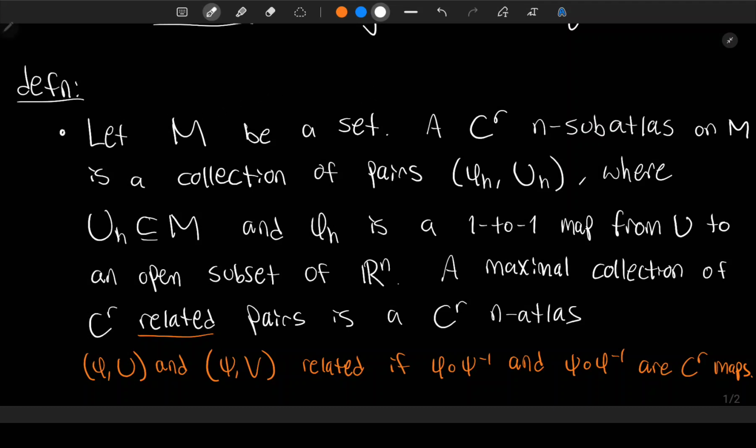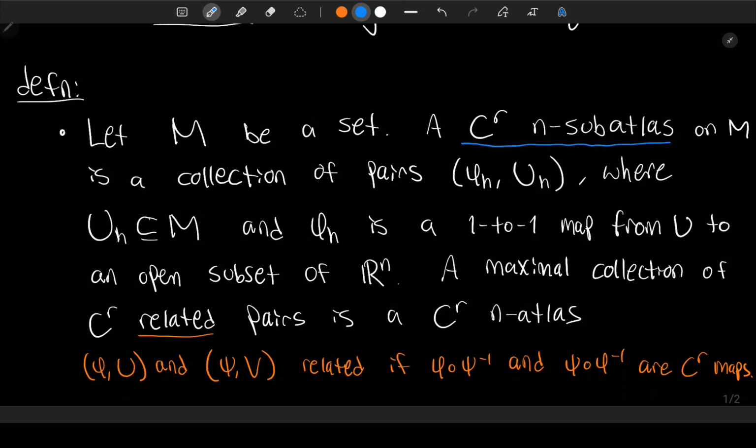Then, a CRN subatlas on M is a collection of pairs of the form phi h and UH, where UH is a subset of M. So, a CR subatlas is a collection of subsets of M along with maps, which are labeled phi h, which are 1-to-1, and they map U to an open subset of Rn.